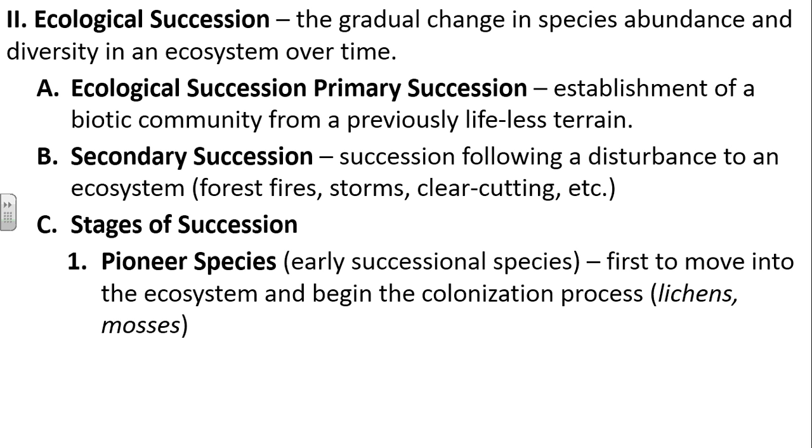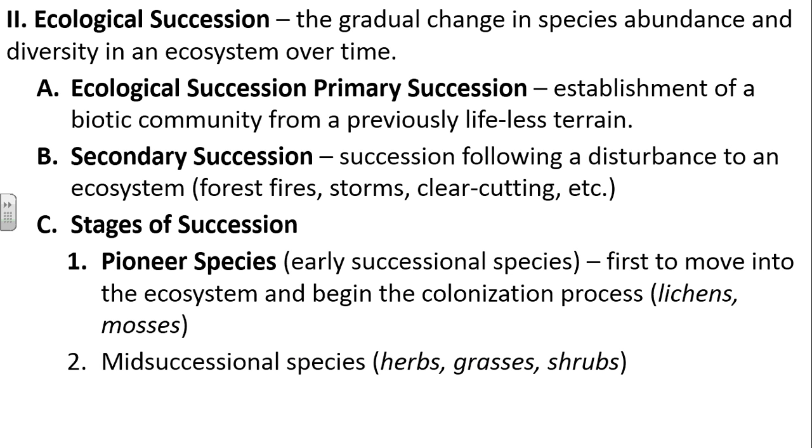They can even grow on rocks, and they actually break the rocks down into soil. Now, over time, the ecosystem will build up more and more soil from the bedrock, so that allows mid-successional species to move in, such as herbs, grasses, and shrubs. So now these grasses and small plants can extend roots down into the topsoil that's forming from the pioneer species.